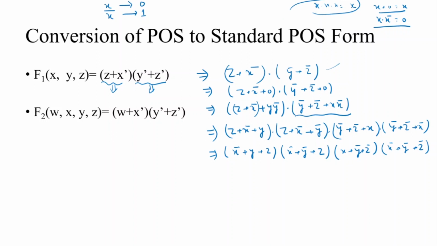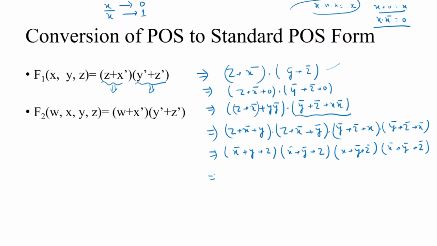That's why when any OR term is present more than one time in standard POS form, we simply consider it one time and the rest are ignored. Like here, x complement plus y plus z, x complement plus y complement plus z, and x plus y complement plus z complement, all the terms are distinct.